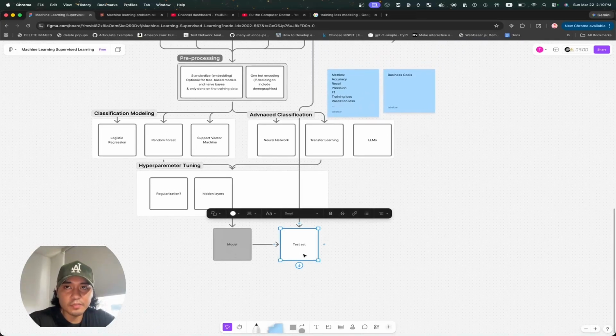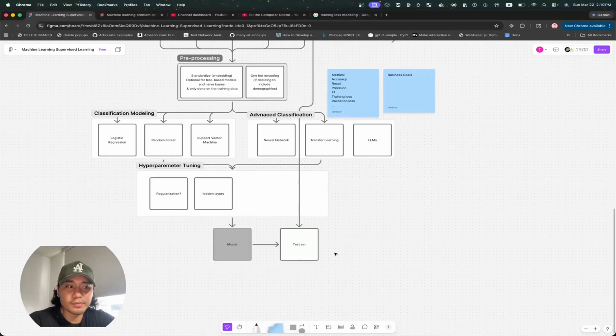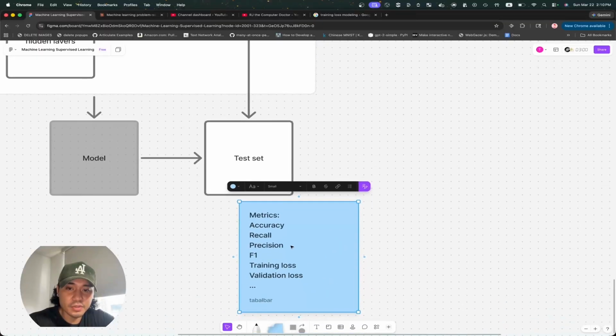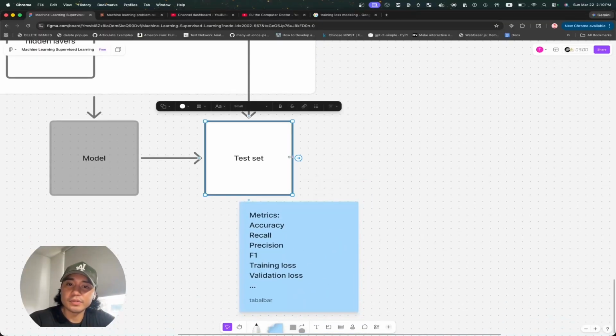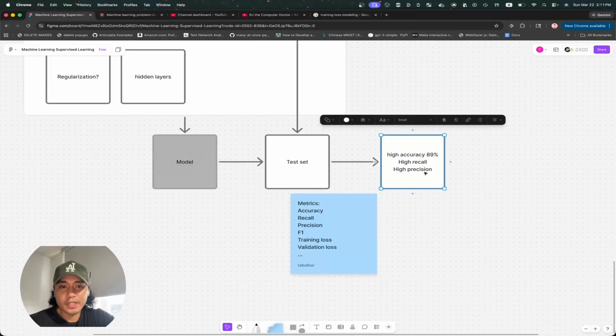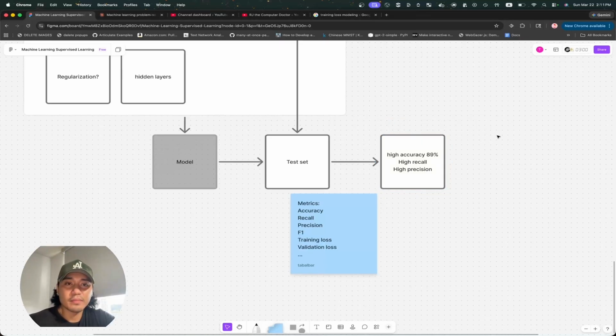So this test set would be representative of the real data that's actually coming through your model. And you would have these several metrics that you are trying to optimize for. So if this model is producing a high accuracy, like 89%, and a high recall, high precision, then at this point you have a pretty good model that you can deploy.